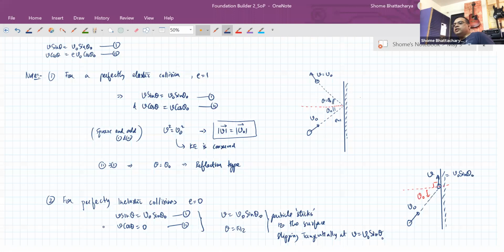So this is also a case where you can see that separation velocity becomes 0 and the loss of kinetic energy is maximum.